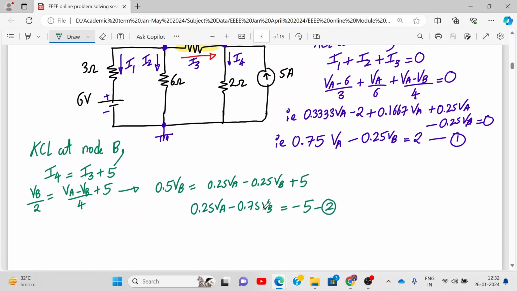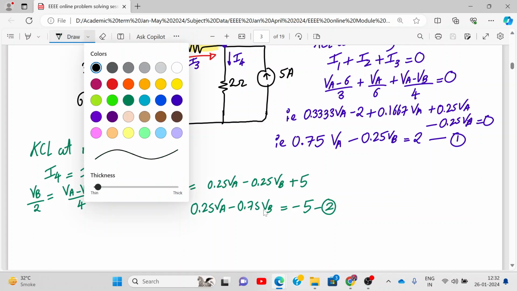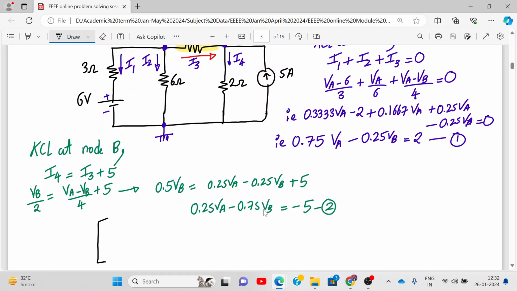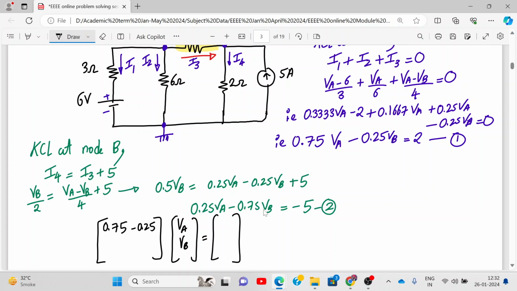And now let us write in a matrix form. So we have over here VA, VB, 0.75, minus 0.25, 0.25, minus 0.75, minus 5. So you need to tell me the value of VA and VB.